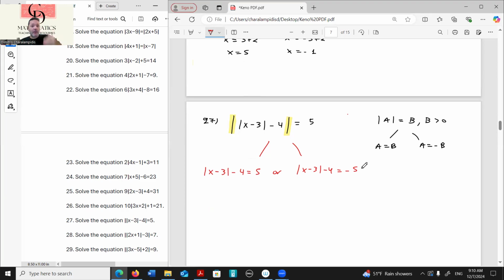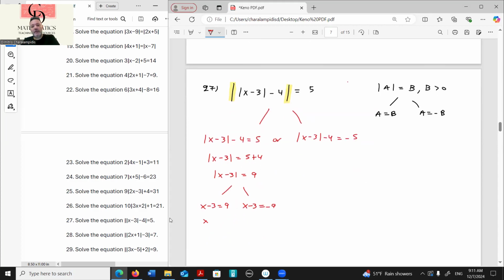But again, we cannot start any process unless we have it as a single absolute value equals a number. So even here, I should do x minus 3 is 5 plus 4. So x minus 3 is 9. And now I can split that. So x minus 3 is 9 or x minus 3 is negative 9, which means that either x equals 12 or x equals negative 6.